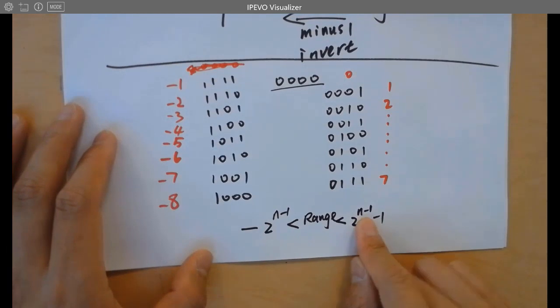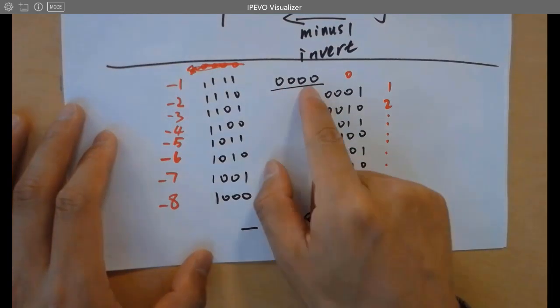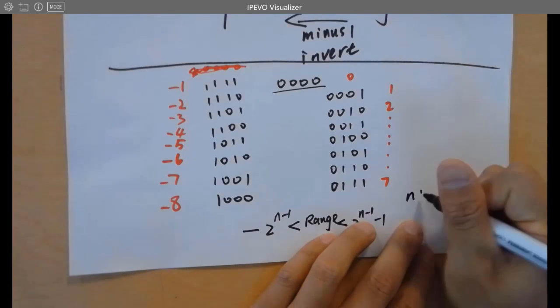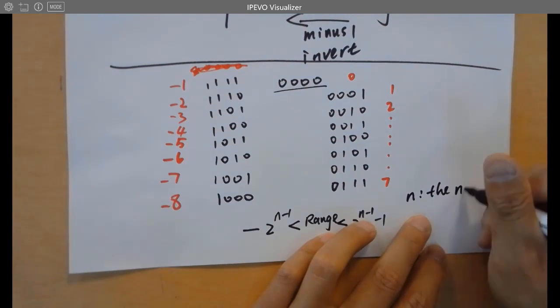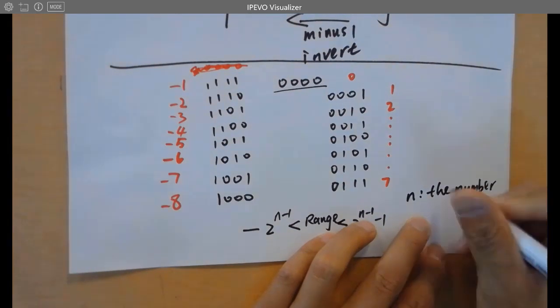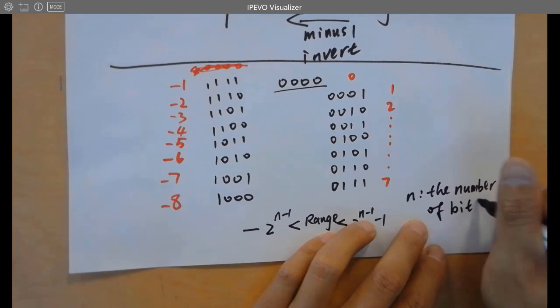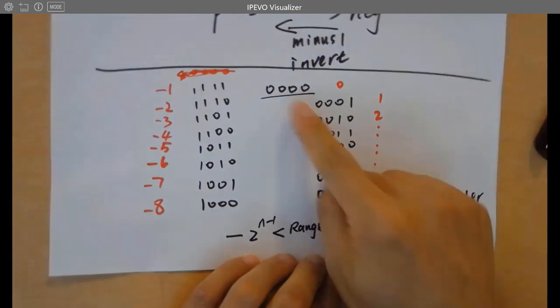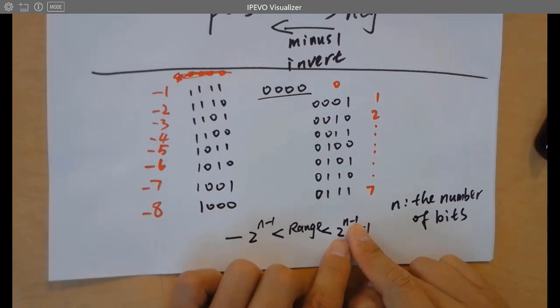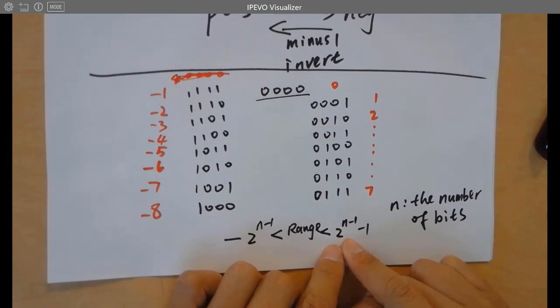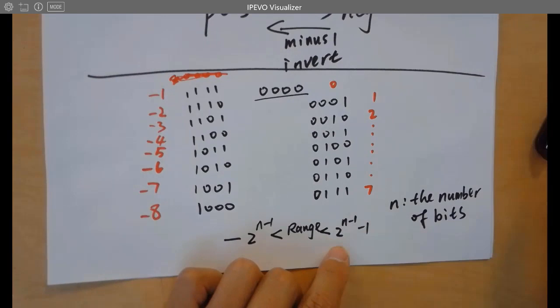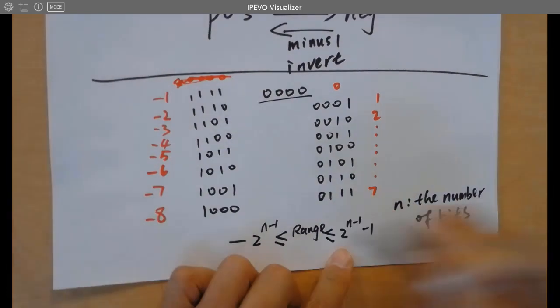Because for example, we have 4 bits. So n is the number of bits. So we have 4 here. So 4 minus 1 is 3. And 2 to the 3 is 8. 8 minus 1 is 7. It actually should be like that.